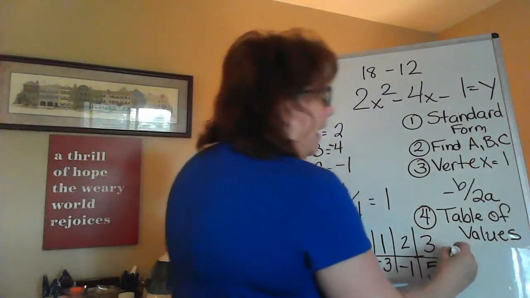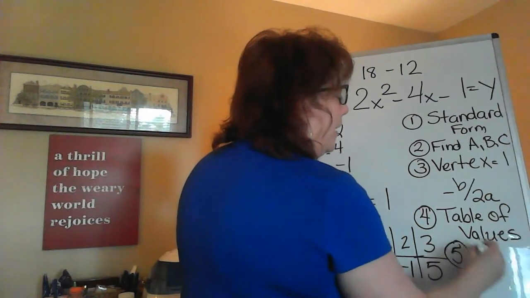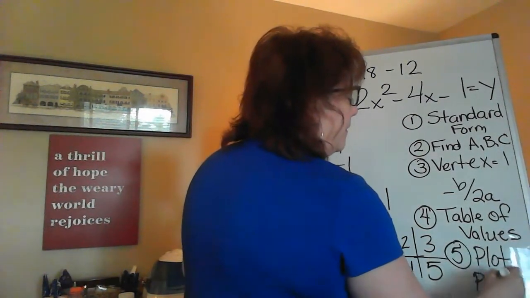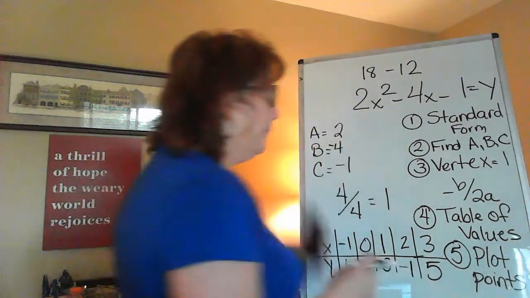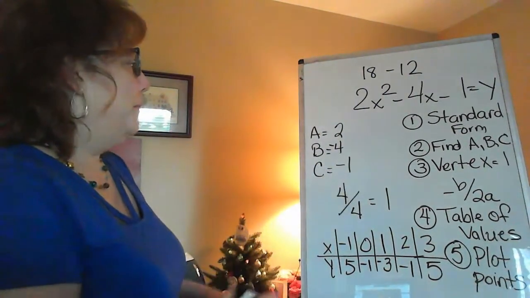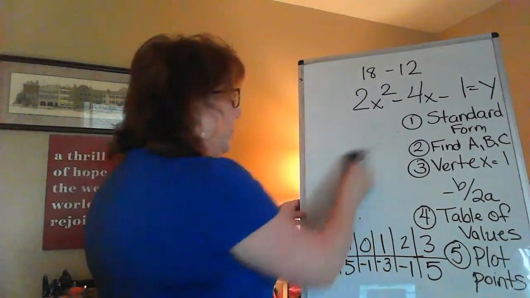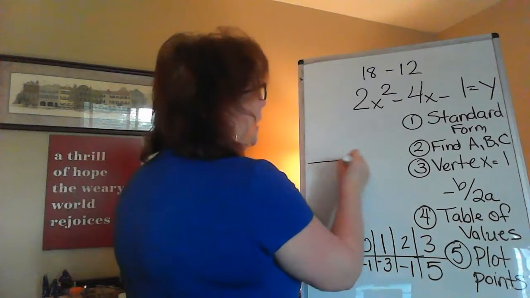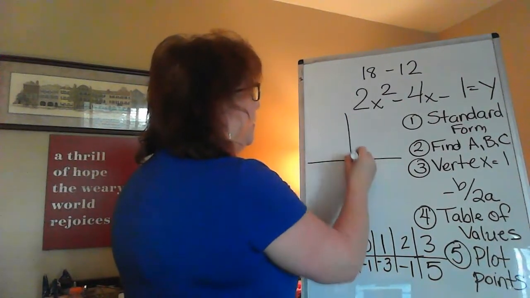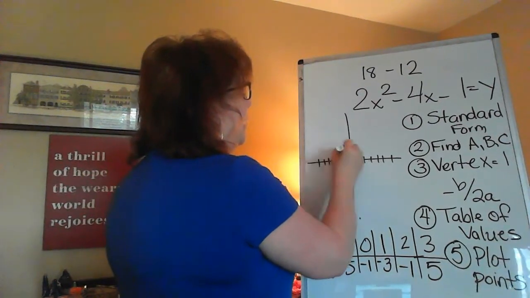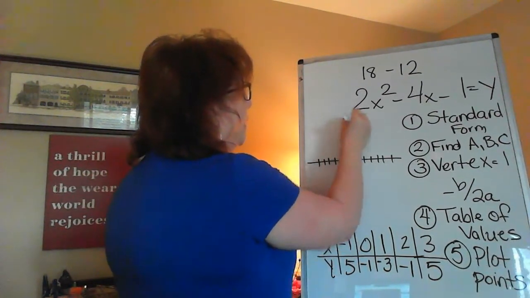And then our last step is to plot our points. And so what I'm going to do is I'm going to erase this right here so we can get our points plotted and have an idea of, if we don't remember what we're doing, this will help you to review and remember what you are doing.